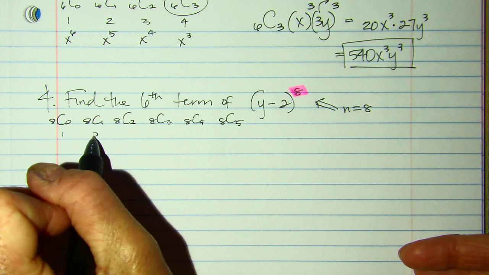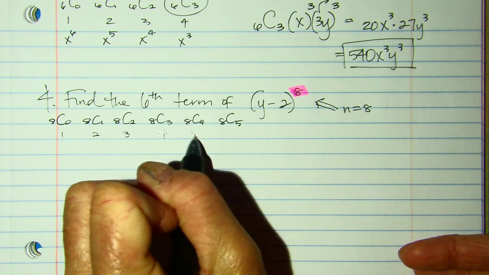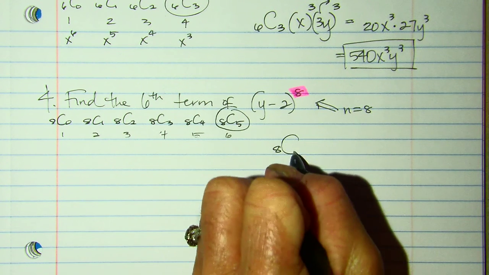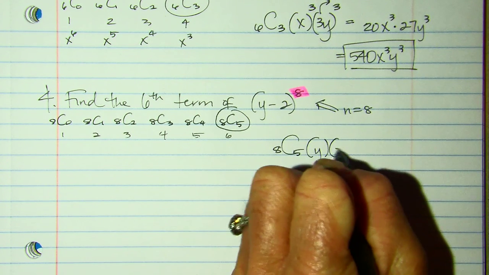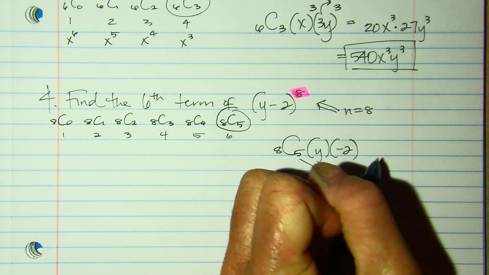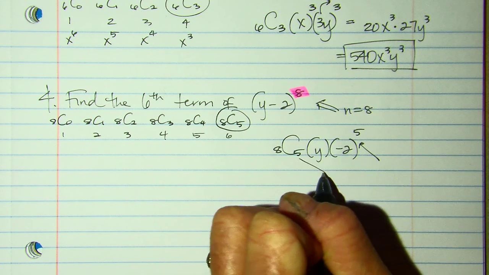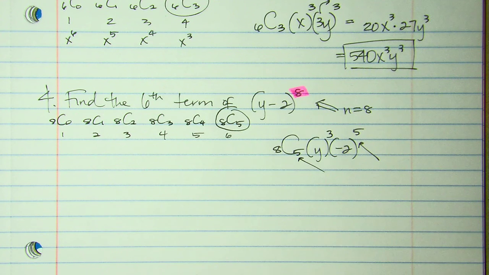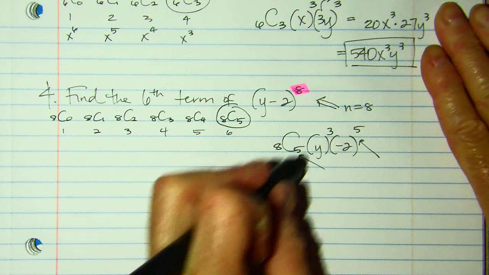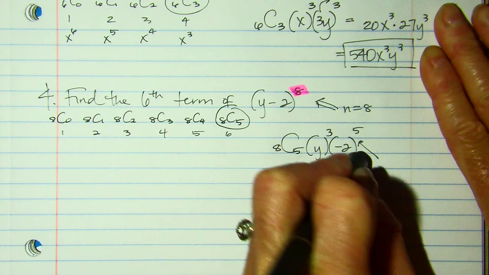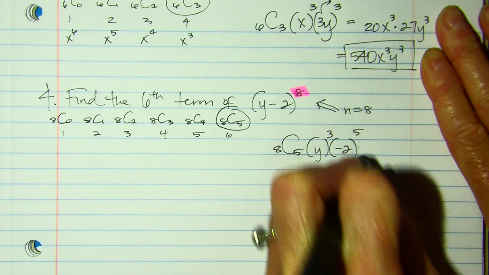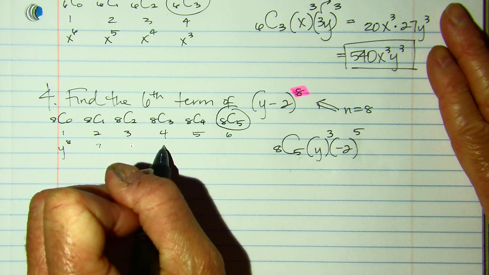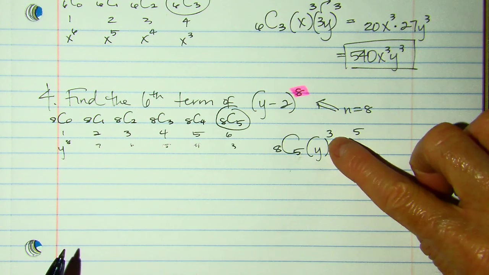So 1, 2, 3, 4, 5, 6. So I have 8C5, y, negative 2. I know this number and this number should match, and so 5 plus what is 8? 5 plus 3. That's one way to do it. You could have also written the y's in descending order, like y to the 8th, 7, 6, 5, 4, 3. So y to the 3rd.